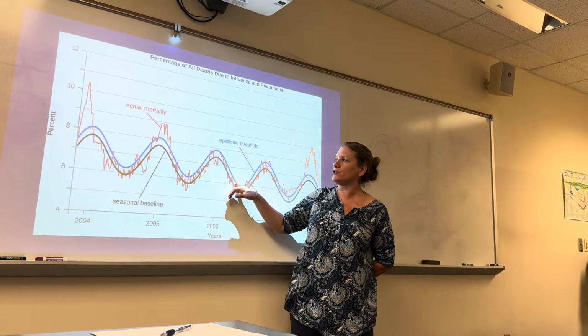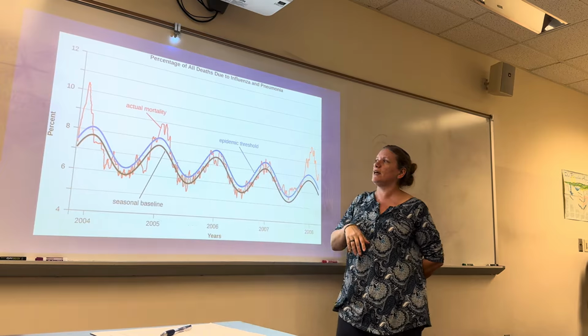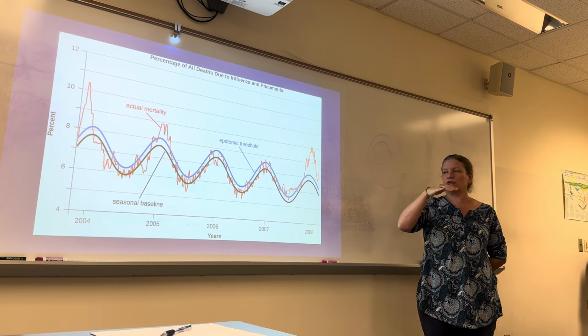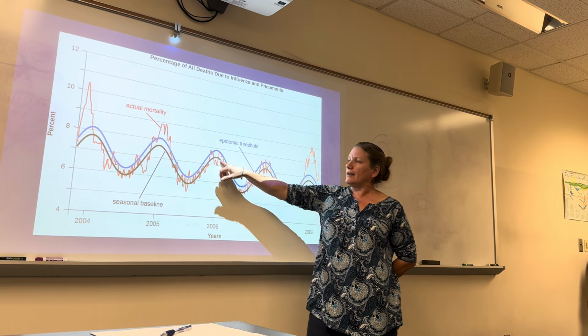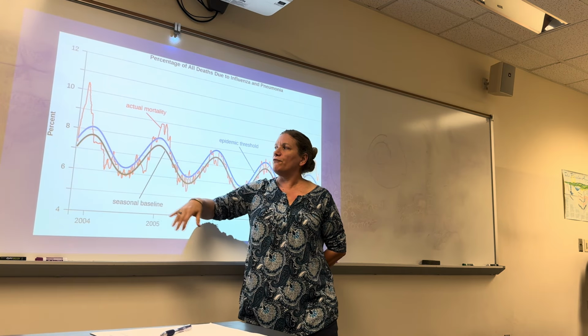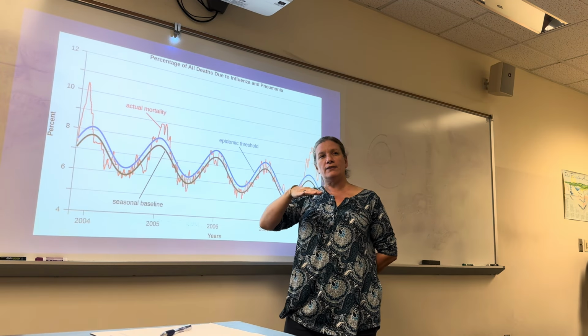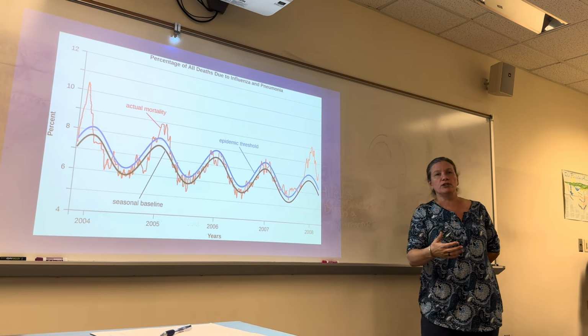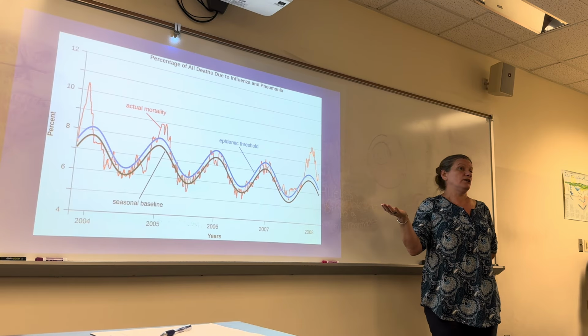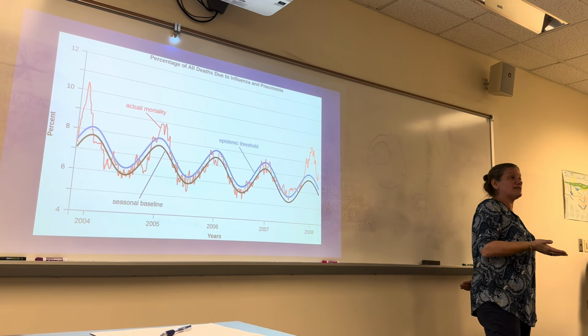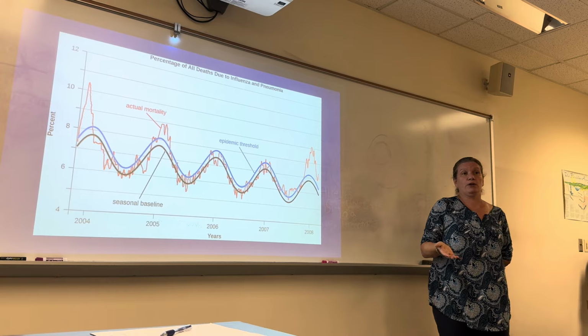In blue is what they're saying: anything above this is an epidemic. It's that threshold. So again, going back to what I mentioned before, endemic is the fact that diseases are chronic in a population. Flu and pneumonia are present in the population, period.